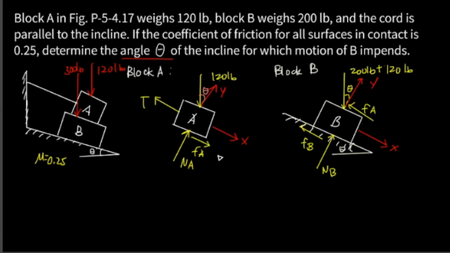Tapos, sa block B naman, yung sinabi ko na 300 pounds, sorry, this is 320 pounds, kasi 200 plus 120, weight ng block A, weight ng block B, is 320. Tapos, yung friction ng block A, papunta dito yung friction.